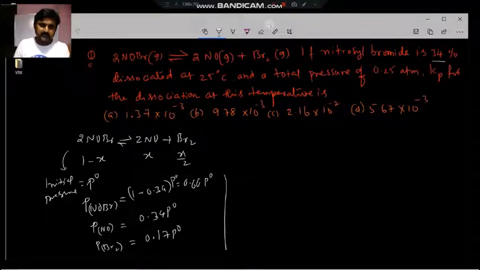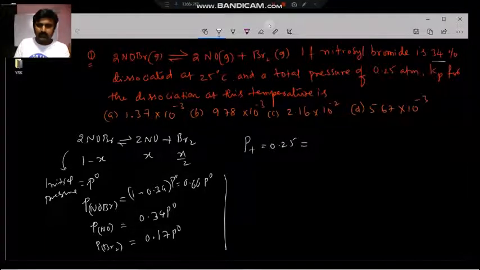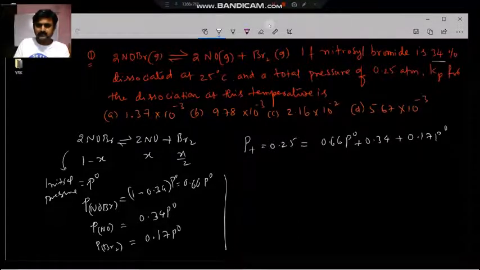Using these values we can easily make it equal to the total pressure. P total is 0.25, which equals the sum of the pressures here: 0.66 P naught for NOBr, plus 0.34 plus 0.17 P naught.